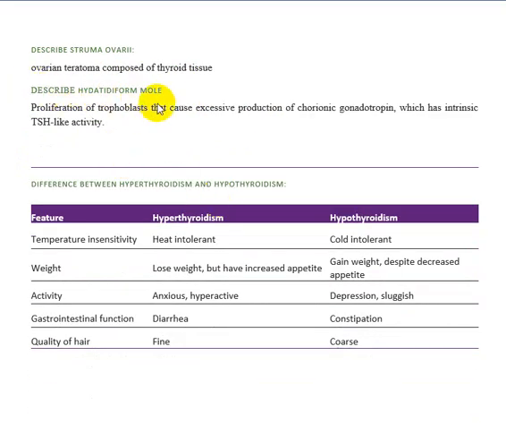Describe hydatidiform mole: proliferation of the trophoblasts that causes excessive production of chorionic gonadotropin, which has intrinsic TSH-like activity. This one is not going to increase the level of TSH, but the chorionic gonadotropin has intrinsic TSH-like activity.